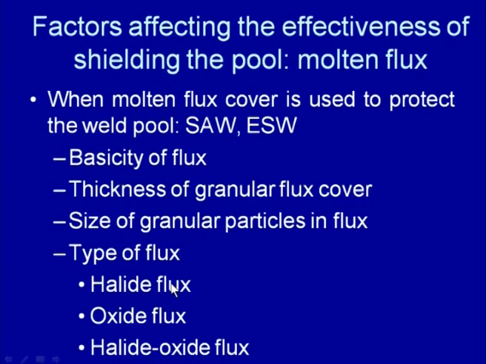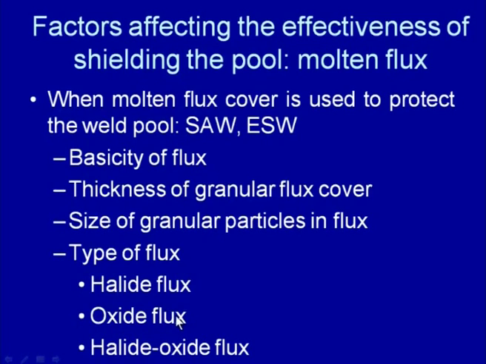Halide fluxes are used for very critical applications where effective shielding is required and a very clean weld is needed, while the halide and oxide fluxes are used for those applications where a marginal amount of oxide can be tolerated, while oxide fluxes are used for all general purpose welding where the oxide content does not affect the success of the weld joint.